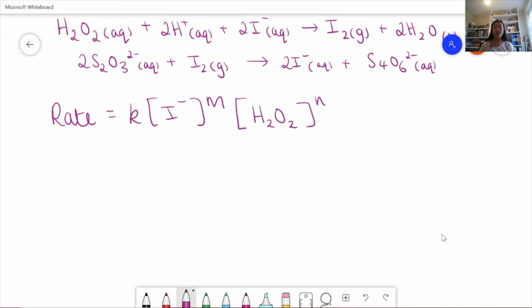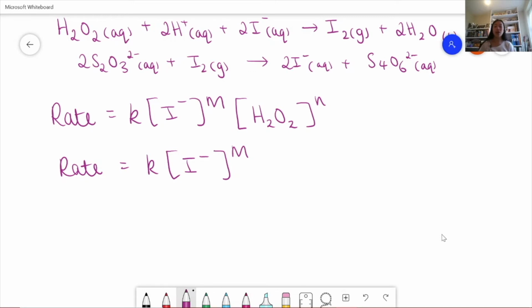And so by varying the concentration of the iodide ion, we can determine its order, m. And the order with respect to iodide ions is found by varying its concentration whilst keeping everything else constant. So the rate equation therefore simplifies to rate equals k multiplied by [I-] to the power of m.